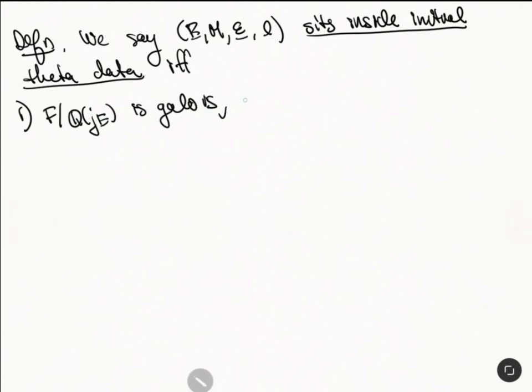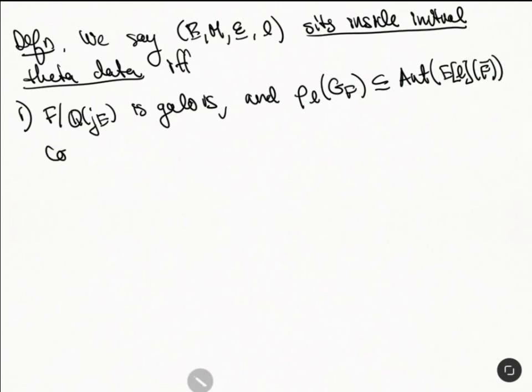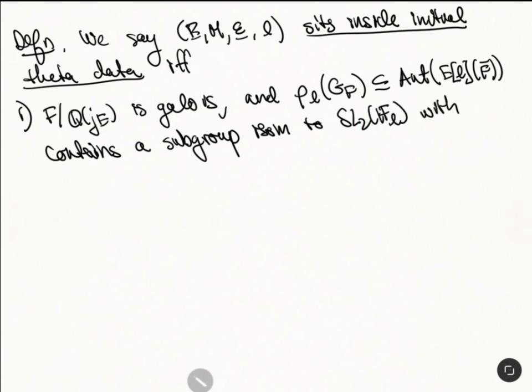And the image of rho E,L, G_F, this is going to be a subset of the automorphisms of E[L](F bar), contains a subgroup isomorphic to SL2(F_L) with respect to some basis.